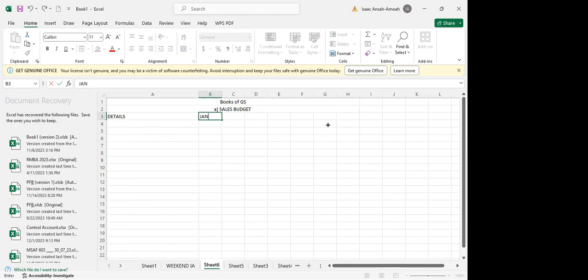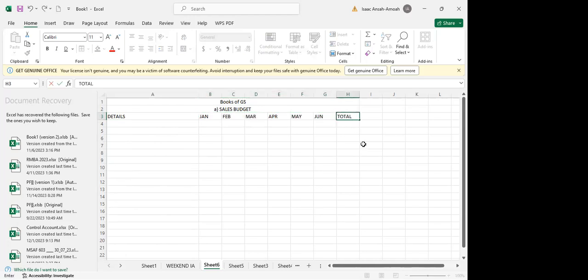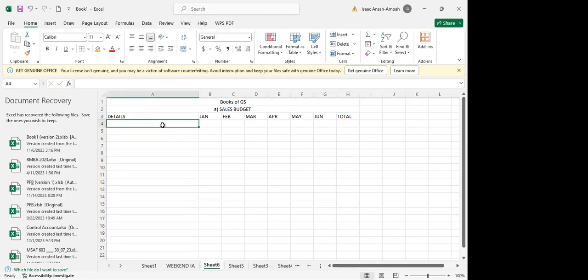So this is what I get: January, February, March, April, May. Then I'll put total here. What do I put under the sales budget? We said the first element that comes under the sales budget is expected sales, planned sale, forecast sales, sales unit. I prefer using sales unit a lot. So sales units.